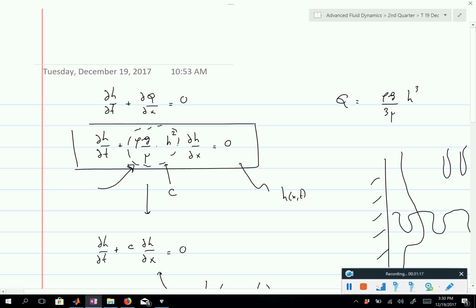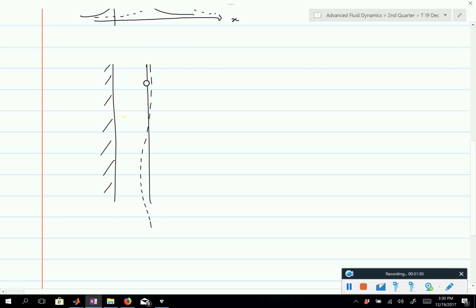Plug in the numbers and you'll get a velocity on the order of half a millimeter per second, or probably less, maybe 0.1 millimeter per second. So initially this whole profile just translates with this velocity c equal to rho g divided by mu times h squared.